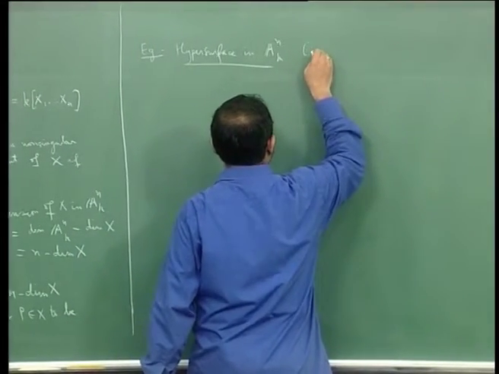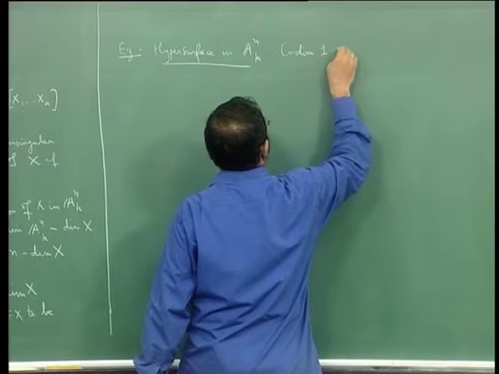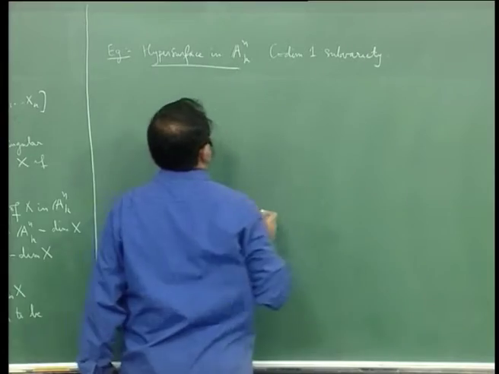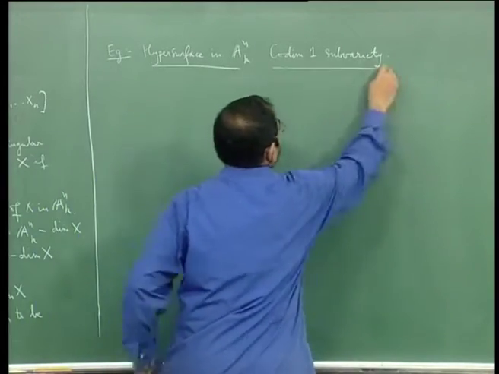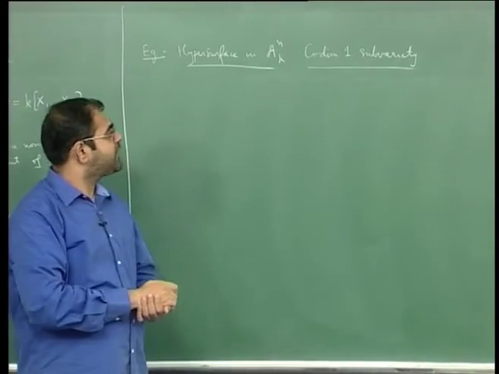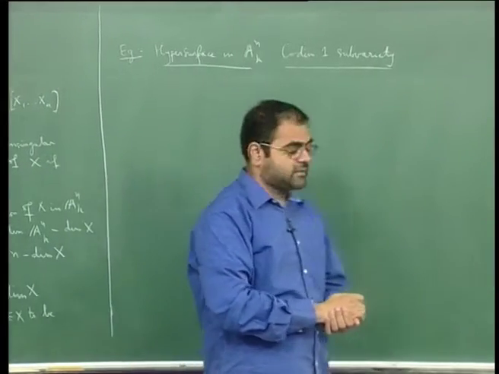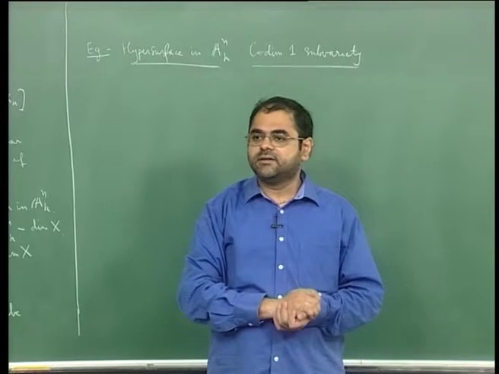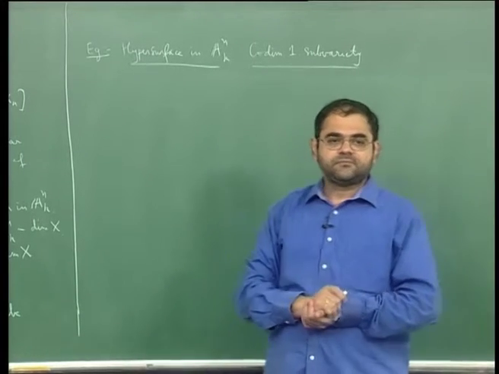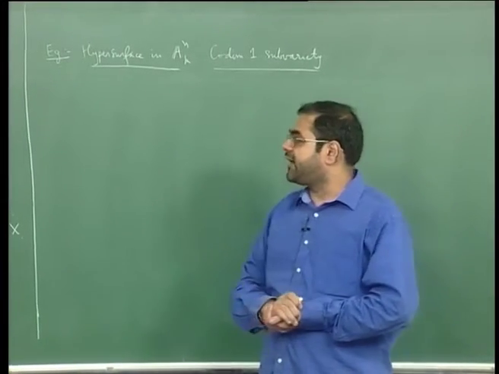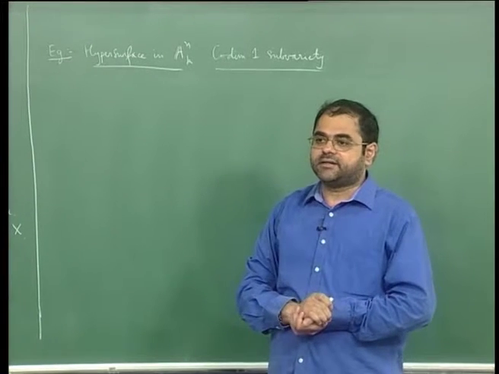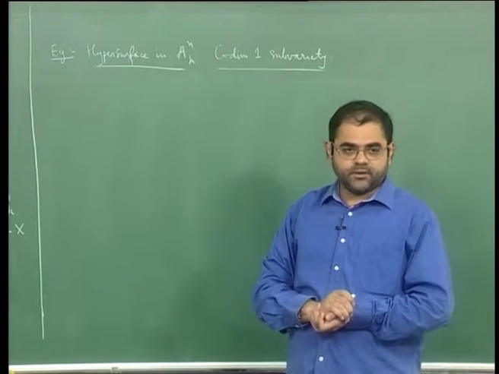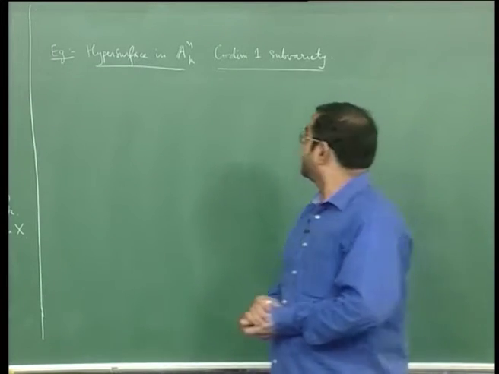It's a codimension 1 subvariety, and we have seen this. A codimension 1 subvariety means that it's an irreducible closed subvariety of dimension one less, so dimension n minus 1. We have seen that this will happen if and only if the ideal of the variety is generated by a single non-constant irreducible polynomial.